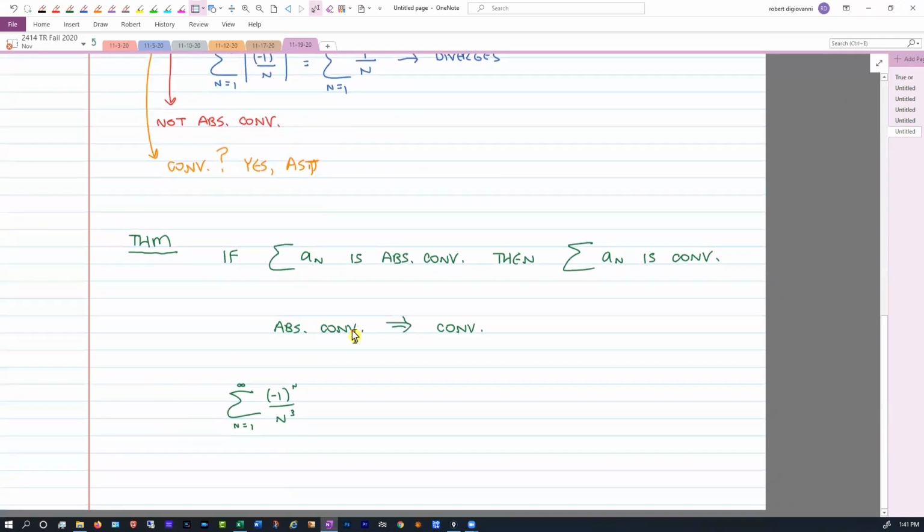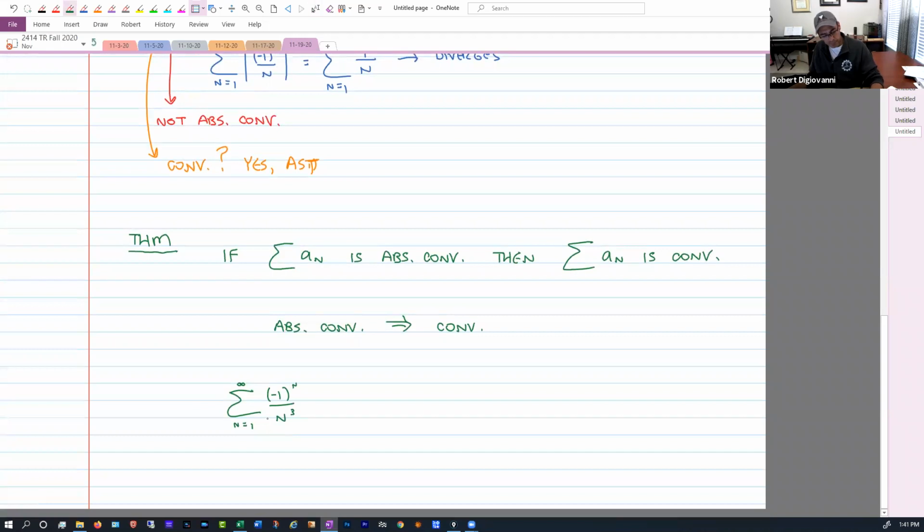Yes. Okay, so this one is absolutely convergent. What does that mean? That means this series by itself is convergent. That's what this theorem is saying. If you have absolute convergence, then you're guaranteed to have convergence.